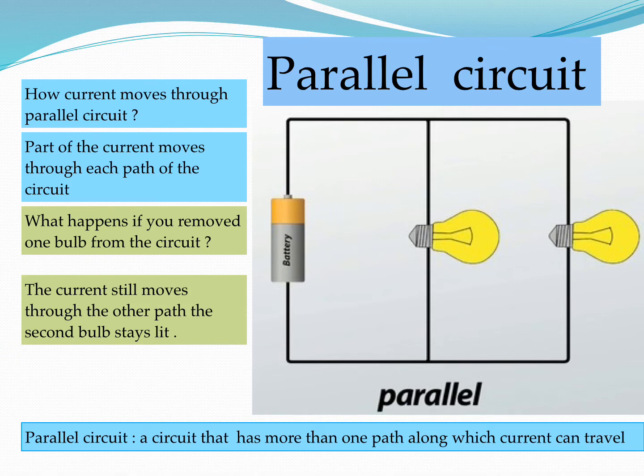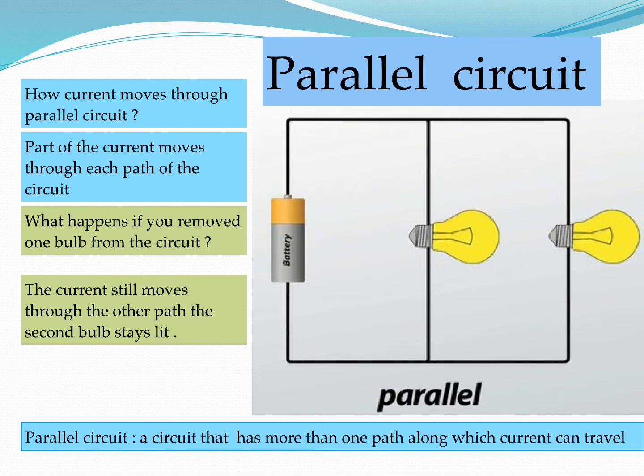In this type of parallel circuit, we have two, but we could have more or less. So the first question says, how does current move through a parallel circuit? Part of the current moves through each path of the circuit. That's how the current moves through a parallel circuit.